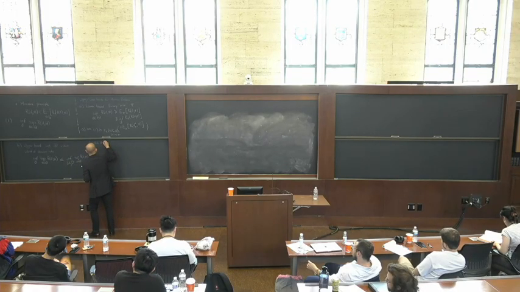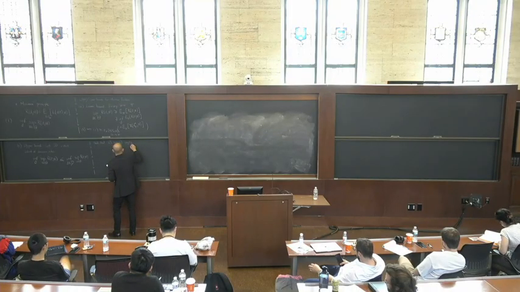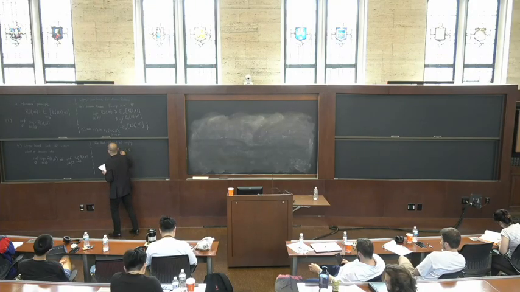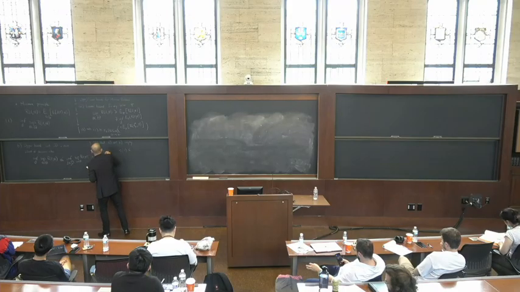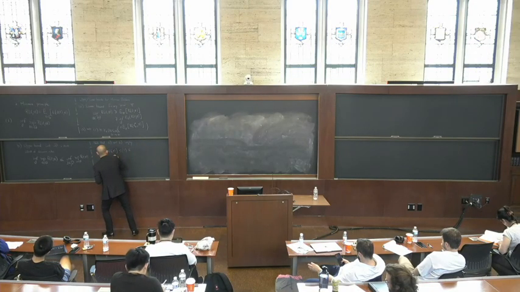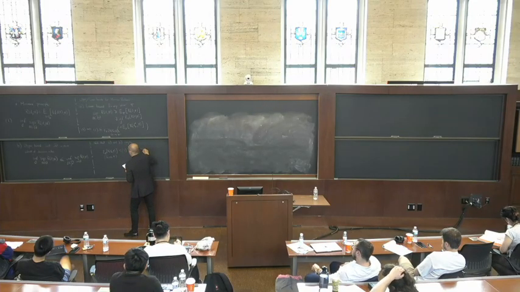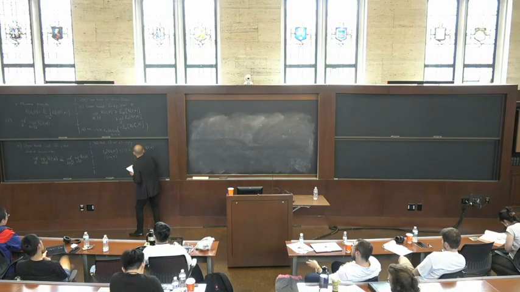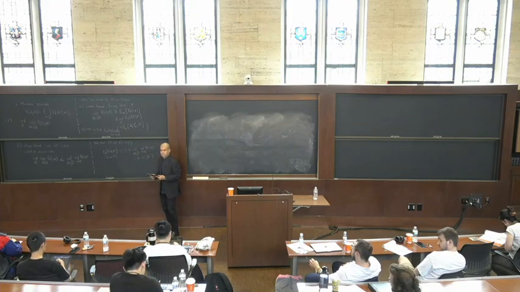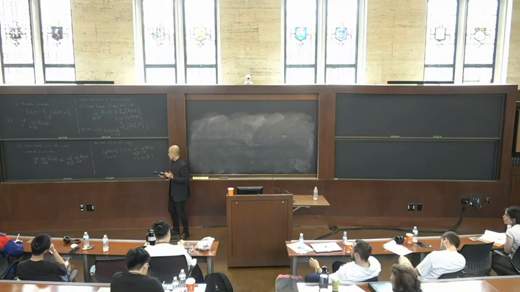Note that A and B imply that one is going to be lower bounded by this, for any pi, and upper bounded by this, for any t. Right? Okay.